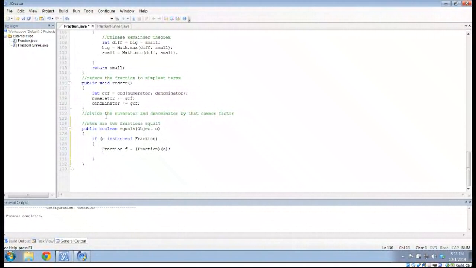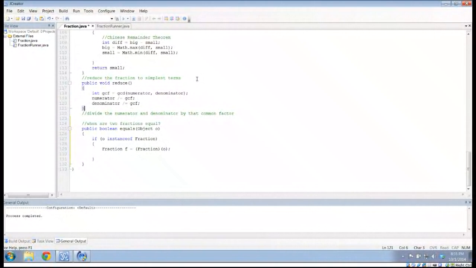And normally when I think of fractions being equal, I want them to have the same numerator and the same denominator. But because of the reduce method, which we've got right here, that isn't always necessarily the case. But if I had a common denominator, they would be the same numerator.